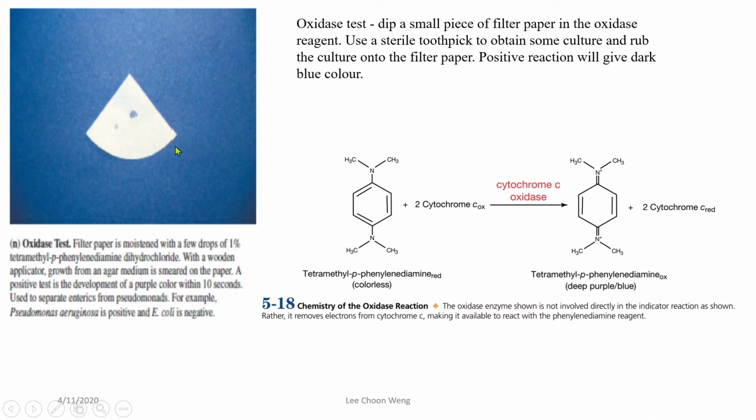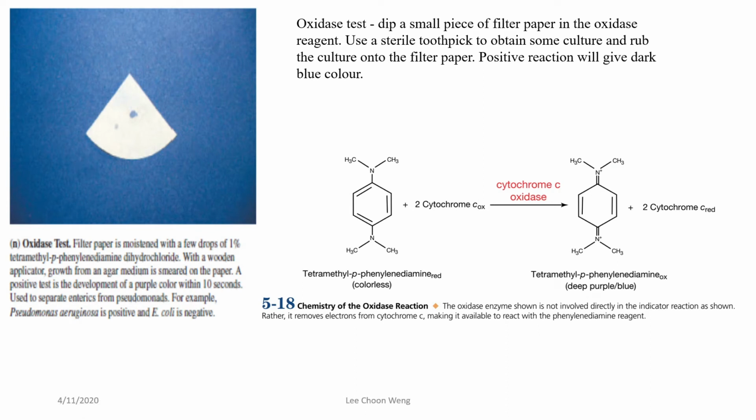Another way is to moisten the filter paper first before smearing it with the bacterial culture. If you see a deep blue or purple color, that means the bacteria has the cytochrome C oxidase and is able to oxidize the reagent.